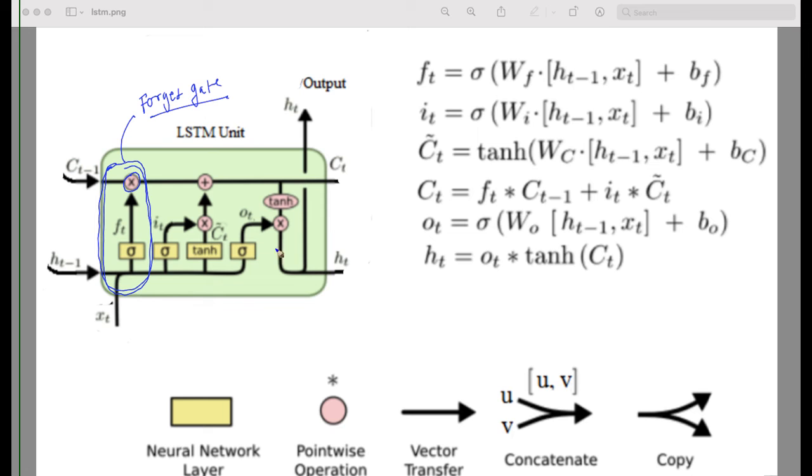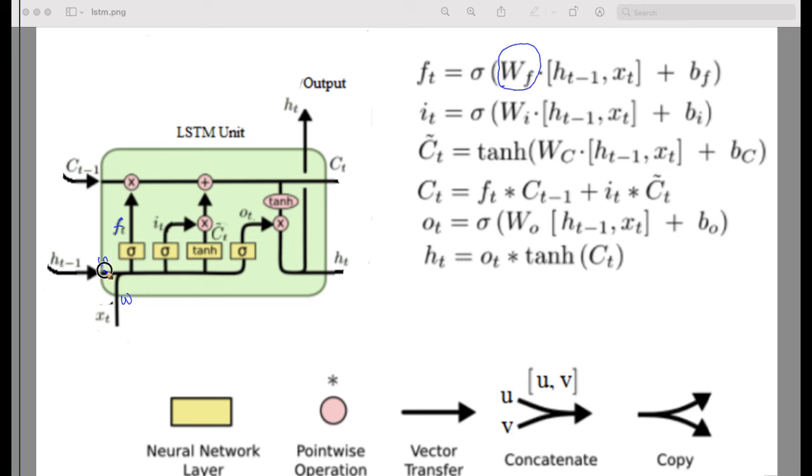Now if you look at the equations here, this is FT, the output of this. We have a weight here and a weight here, and these weights are getting concatenated as WF, one complete weight.